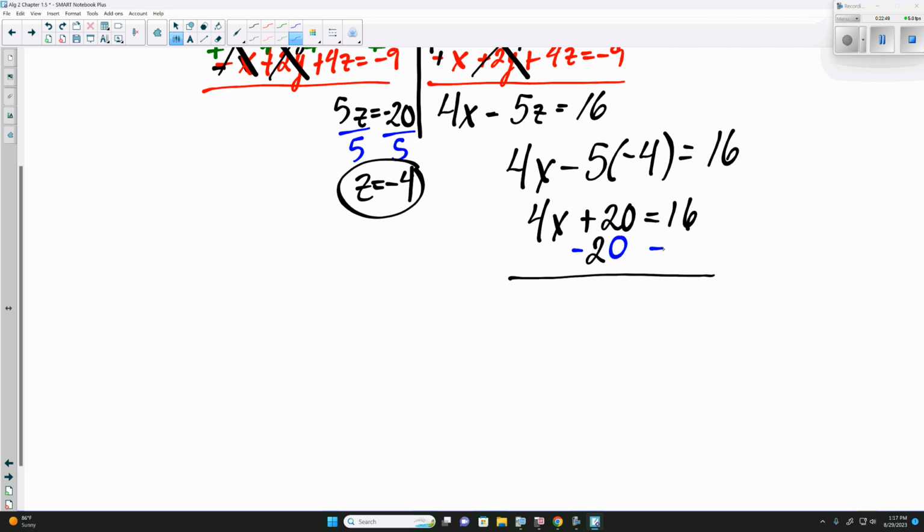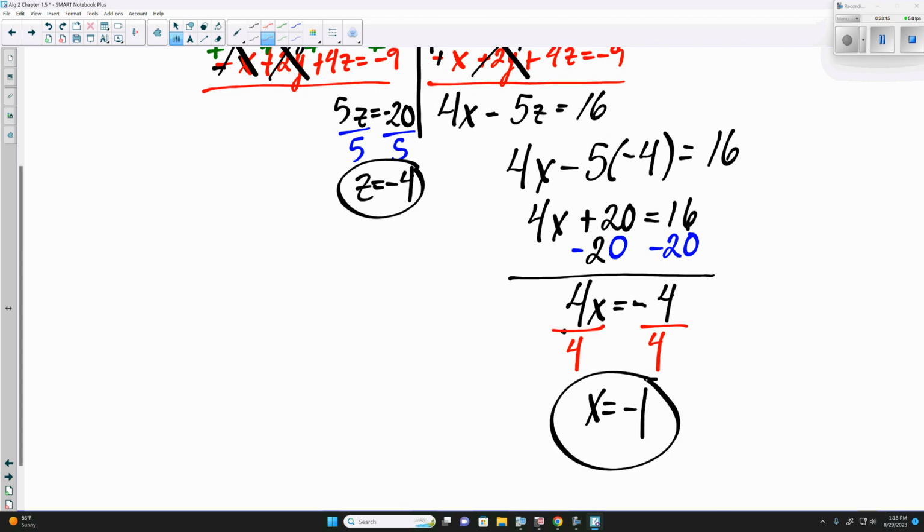By minusing it, we can move it over. We can get 4x by itself, because 20 minus 20 is 0. 16 minus 20 is negative 4. Negative 4 was right. And lastly, so x is negative 1.